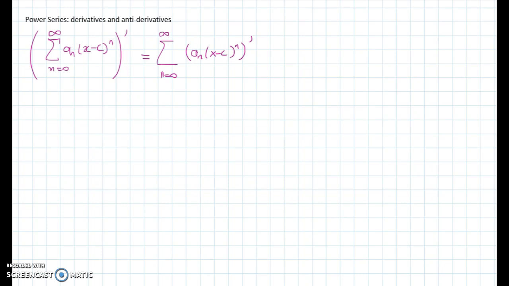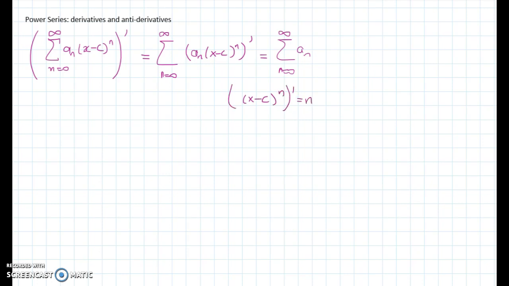When we are taking the derivative of the terms, well, each term is a polynomial, actually a monomial of degree n, and we have a constant a_n. We can begin by taking it out from our derivative, so a_n, and then we are going to have the derivative of (x - c)^n.